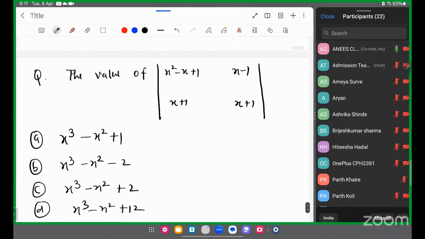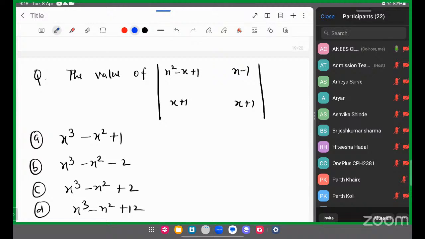Now in this question, the value of the determinant is given in the form of x, which indicates that the value of the determinant will depend on the value of x. If we change the value of x, the value of the determinant will change. So there are two methods to solve this question. First, you can go by expansion, directly expand the given determinant and simplify it to get the answer.